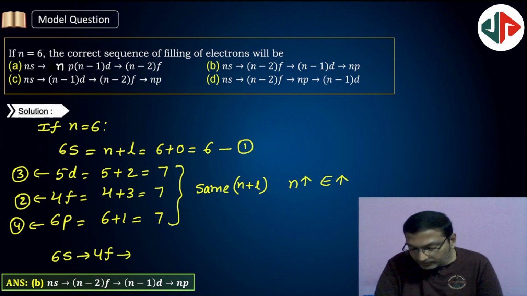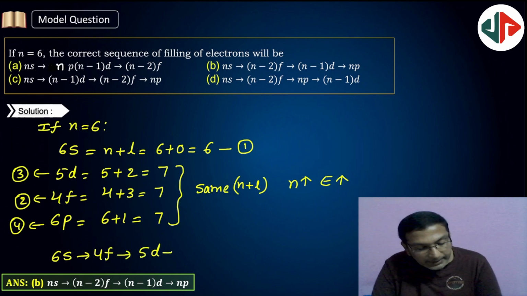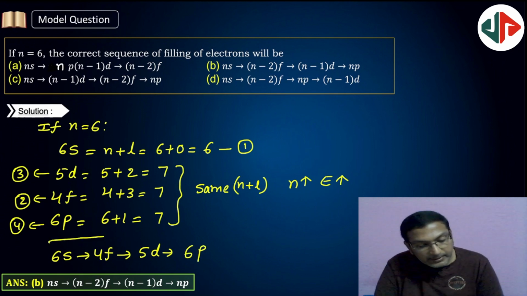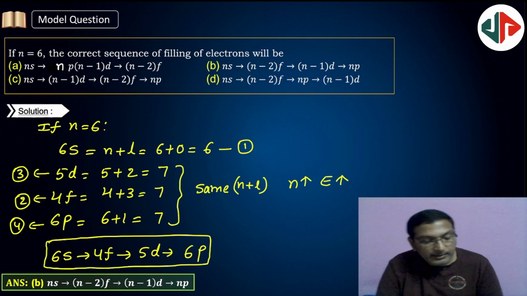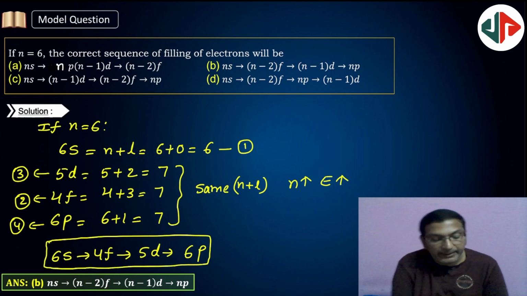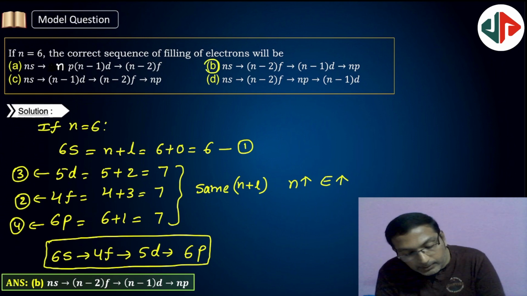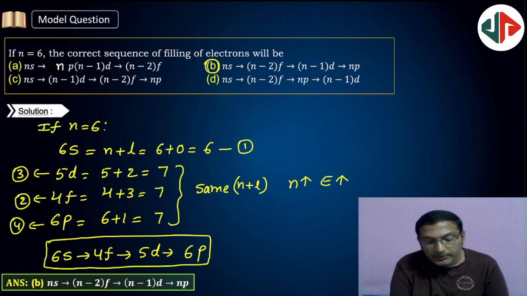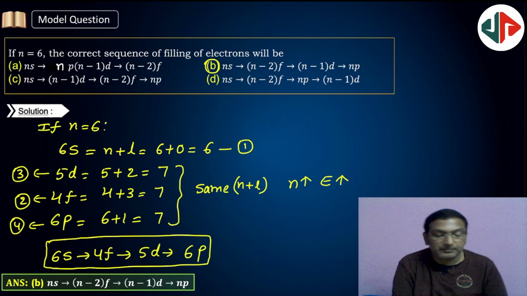After completion of 4f, 5d. At last 6p. This is the sequence of filling. See, it is present in option B: 6s, 4f, 5d and 6p. Order of filling based on the Aufbau principle.